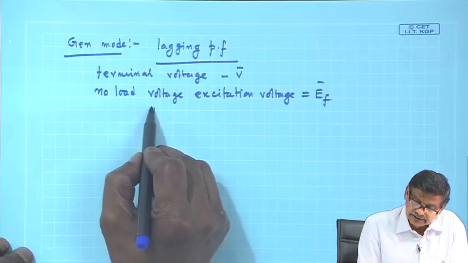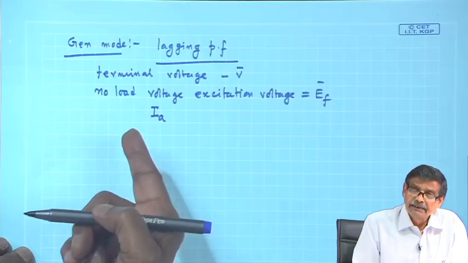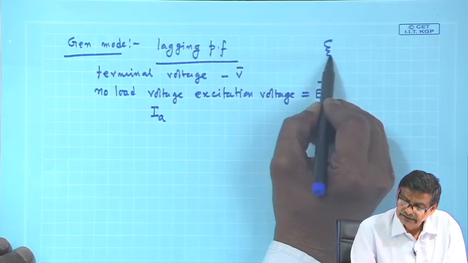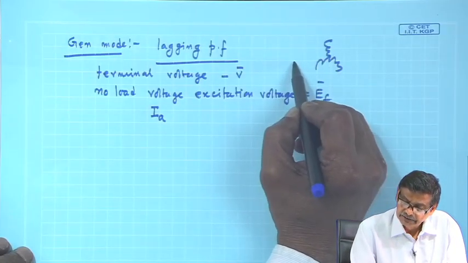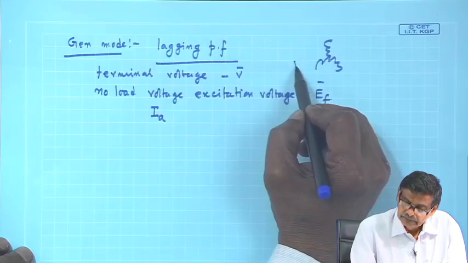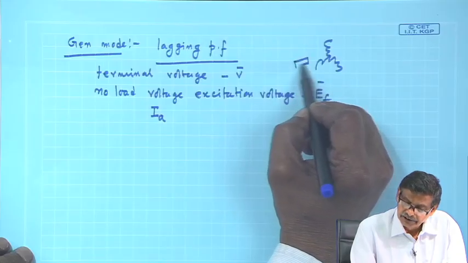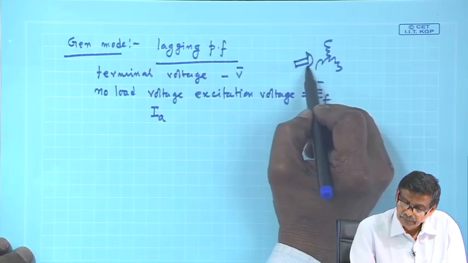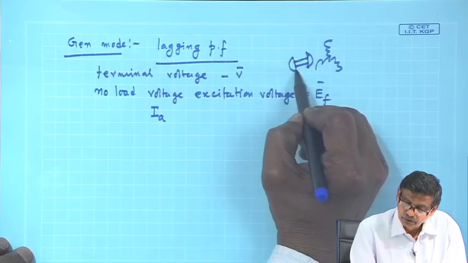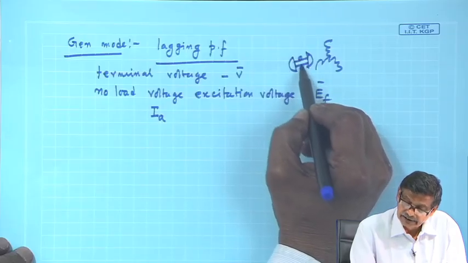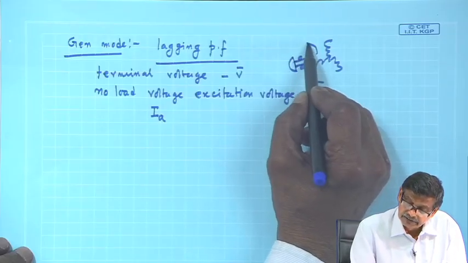Armature current is IA. This is the machine, a salient pole machine. This is the rotor, the windings are here, and it is running.